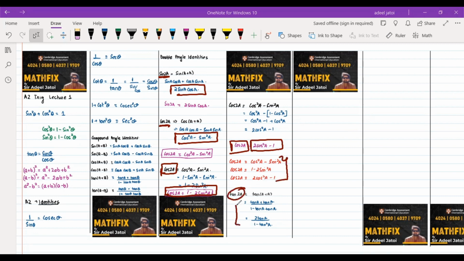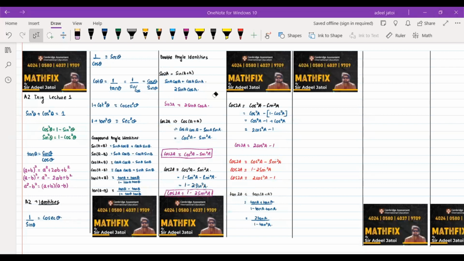And tan 2A can be written as 2 tan A upon 1 minus tan square A. So these are your double angle identities. But remember that cos 2A can have three different identities: cos square A minus sine square A, 2 cos square A minus 1, and 1 minus 2 sine square A.